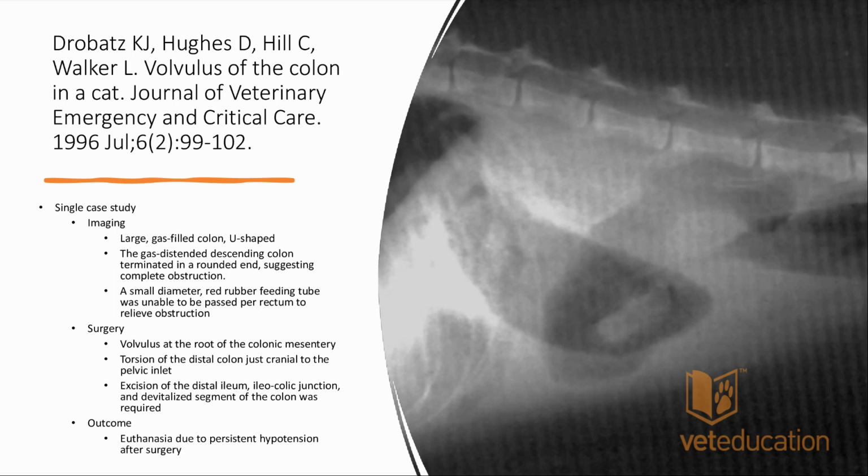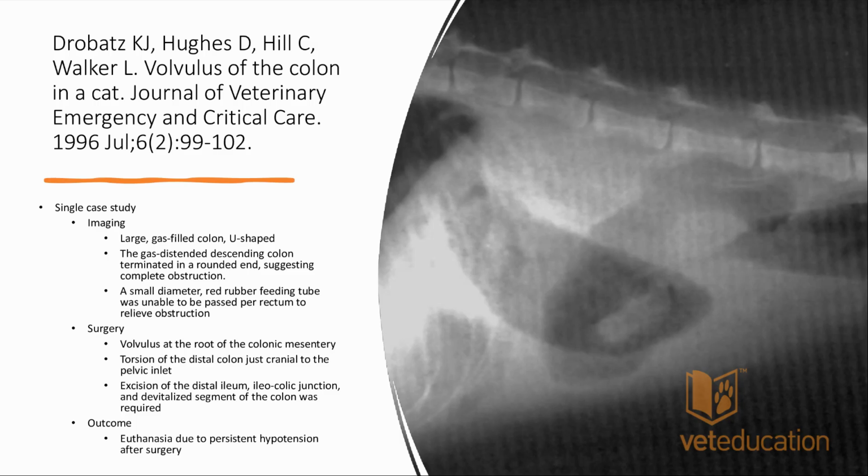A small diameter red rubber feeding tube could not be passed per rectum to relieve the obstruction. So if you see one of these blind-ending sacs on a large gas-filled colon, and you're not able to pass a red rubber feeding tube up the rectum, that might give you a clue that this might be intestinal volvulus, large bowel colonic volvulus, colonic torsion.